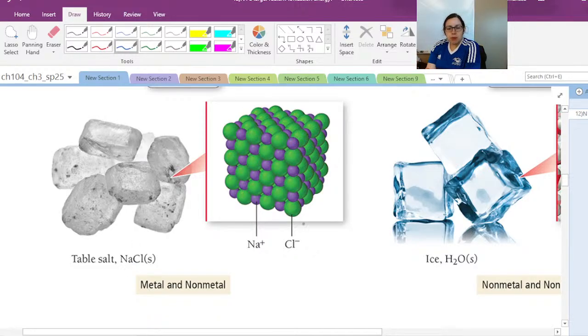But I want you to appreciate that it's not just one unit of sodium and chloride. The distinction of an ionic compound is it has this crystal lattice structure here, and it repeats in this obviously ongoing repeating unit.